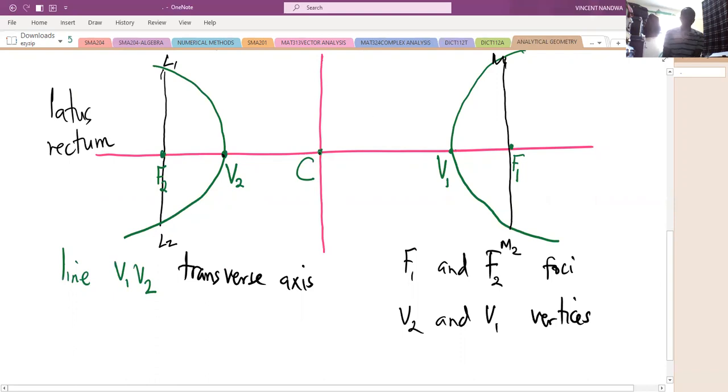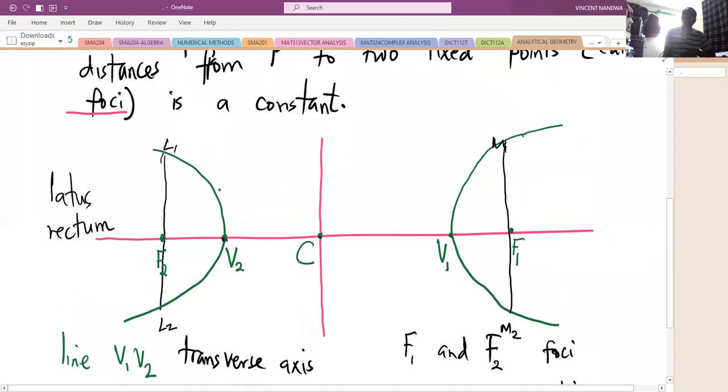So this is the center, and these are the vertices. These two arms, both of them, constitute what we call the hyperbola. So the hyperbola is actually a combination of this arm and this other arm.